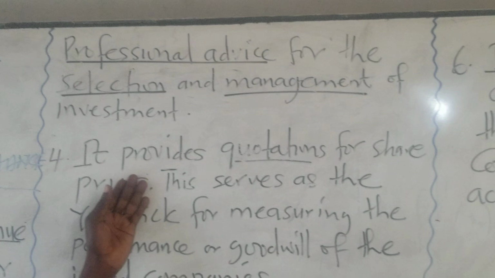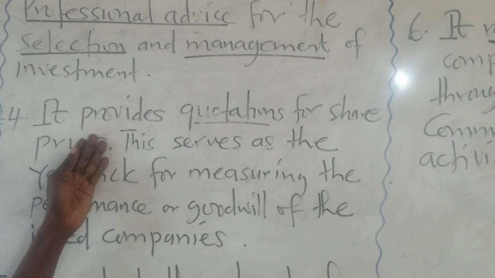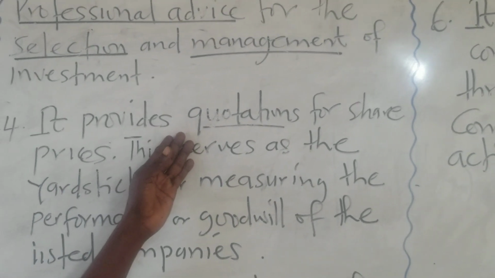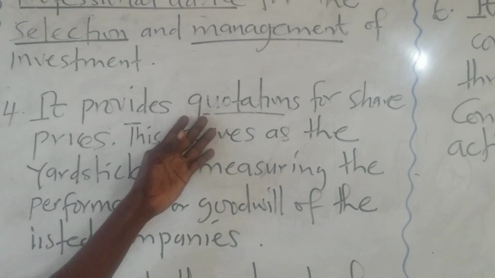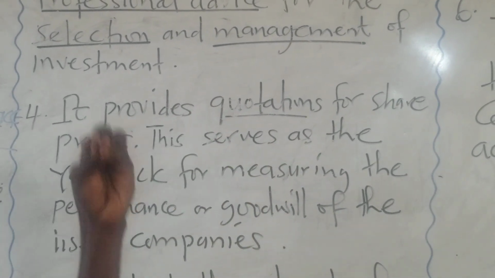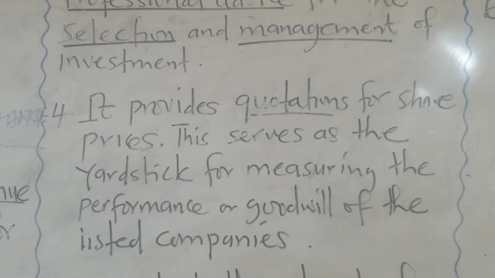The next one is that in the stock market, they quote the prices of the shares of the listed companies. The prices of the shares that are prevailing in the stock market, that is what we call quotation. So when you say quotation, we are referring to the prevailing prices of the various companies in the stock market.